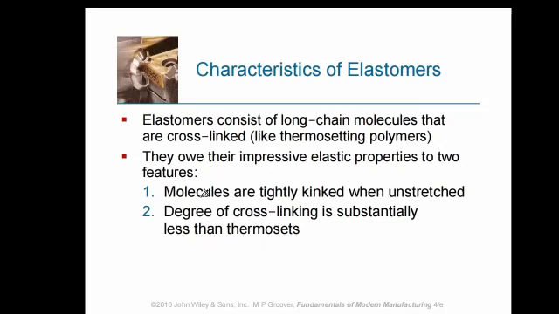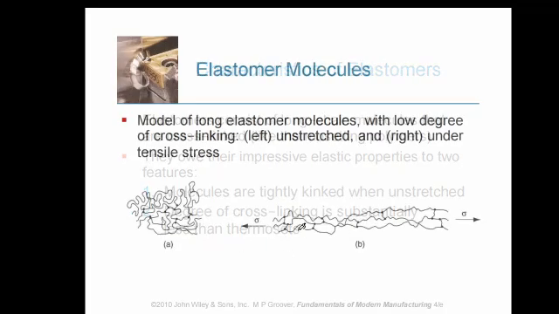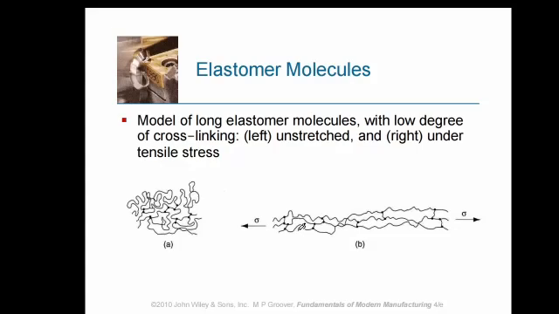Another property of elastomers which results in elastic properties is that the degree of cross-linking is substantially less than for thermosets. So although elastomers are cross-linked, the cross-linking is less than for thermosets. And the diagram here we're showing a model of elastomers. They have kinks.